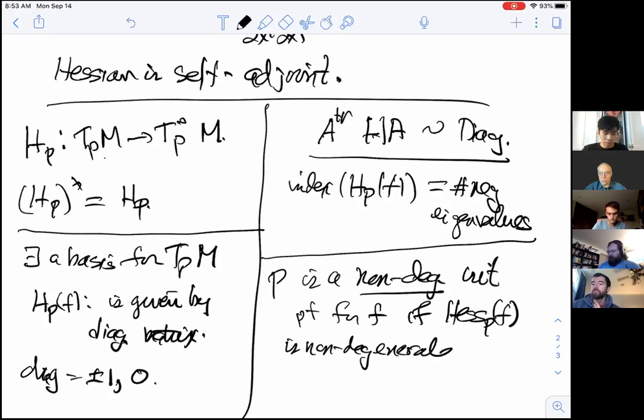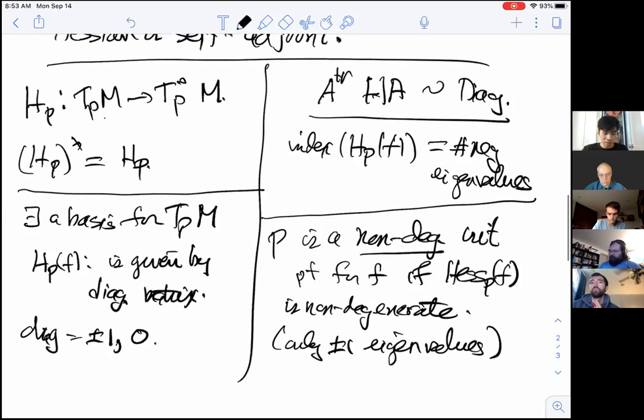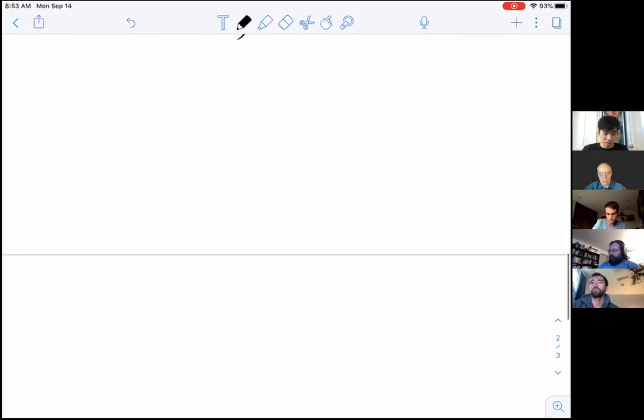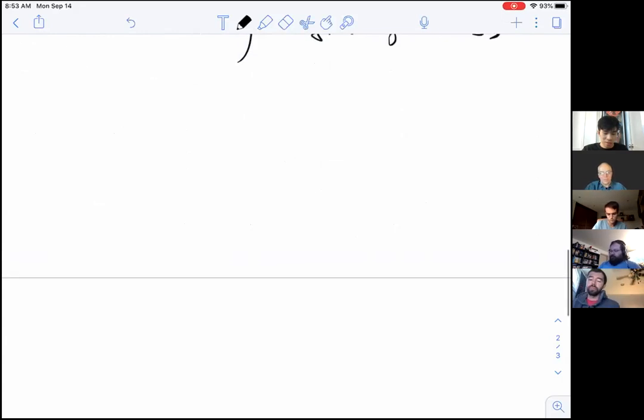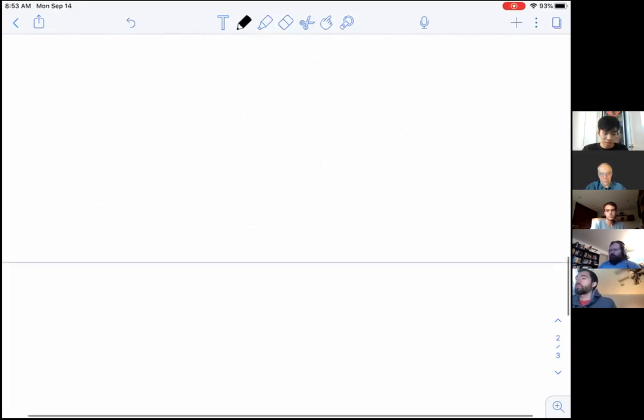Otherwise it is degenerate. Okay. So only plus and minus 1 eigenvalues. And as we will see, a Morse function is a function all of whose critical points are non-degenerate.